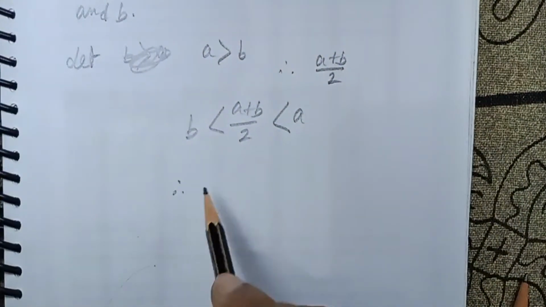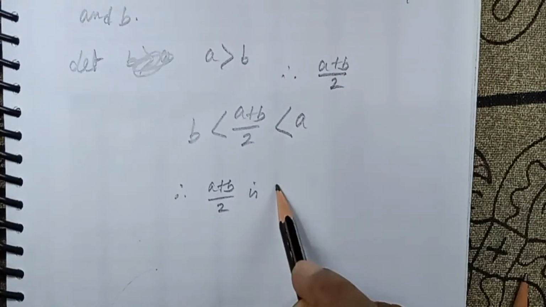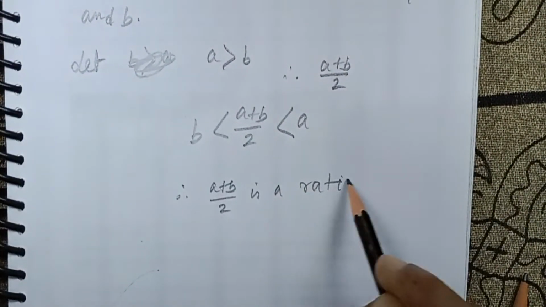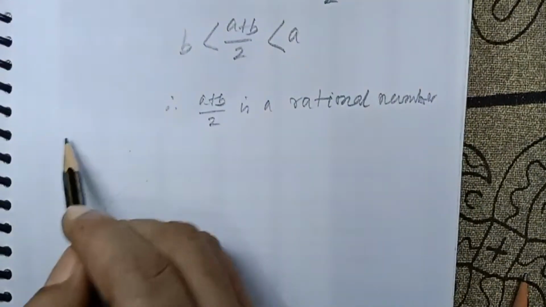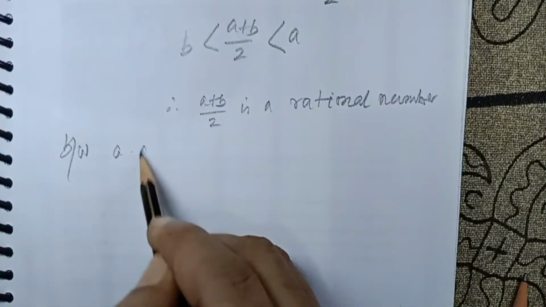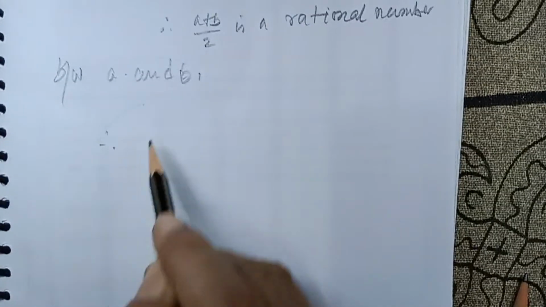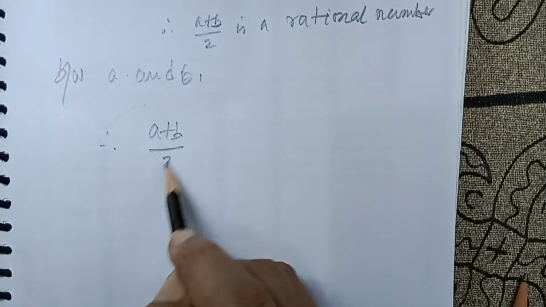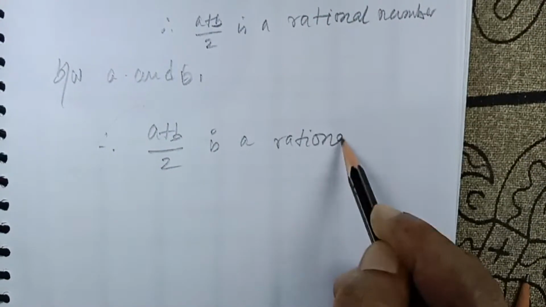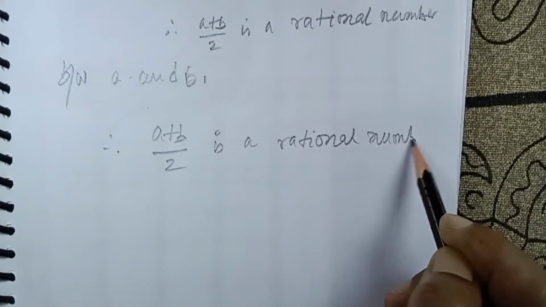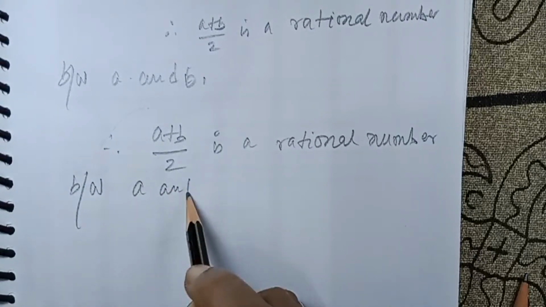Therefore (A plus B) by 2 is a rational number between A and B.